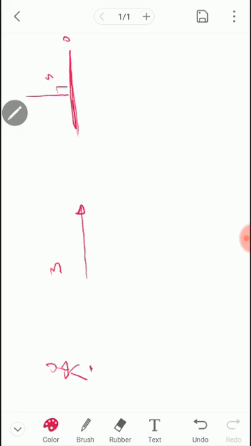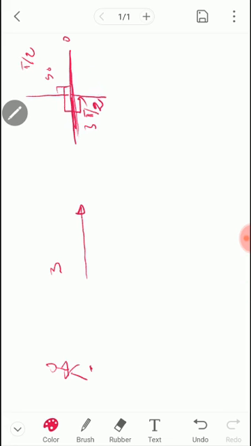So let's take a basis or reference for direction. This is the 0 direction. For example, this is the 90 or pi/2 direction. This is the 180 direction.